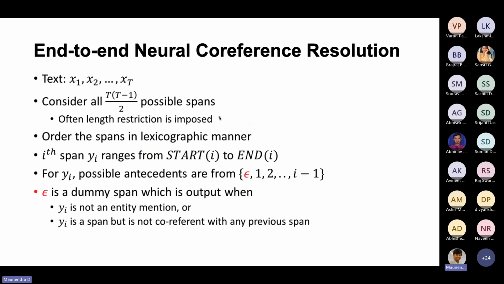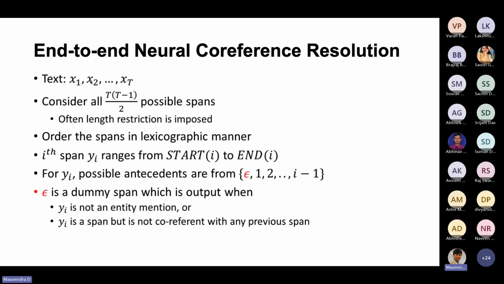The first algorithm considers the text, and suppose there are capital T tokens in the text, x1 to xT. The number of possible spans that you can consider is T into T minus 1 by 2.